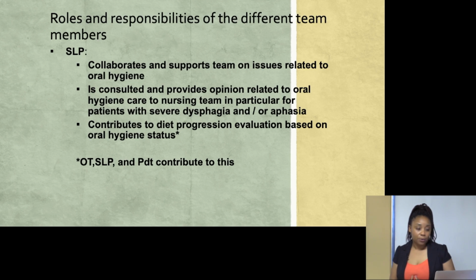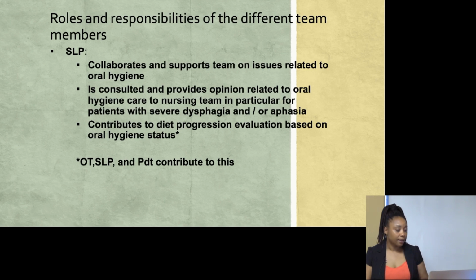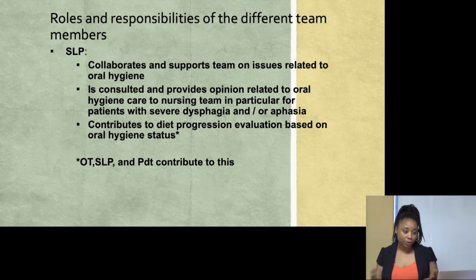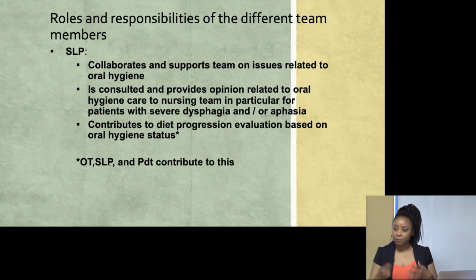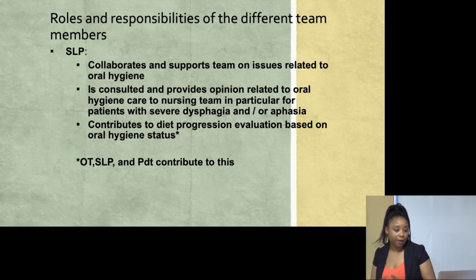The SLP, or the speech and language pathologist. Now, this team member collaborates and supports the team on issues related to oral hygiene, as you can imagine. We often consult our SLPs to provide opinions on certain challenges that we face, especially with dysphagic patients or patients with aphasia.